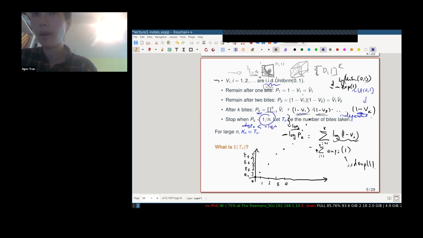So I need minus log of p_k to be bigger than log n. So I'm looking for the first time that I cross this line, log n. In my picture here, the very first k that I cross the line log n will be 5, and in this realization, this will be the value of T_n.